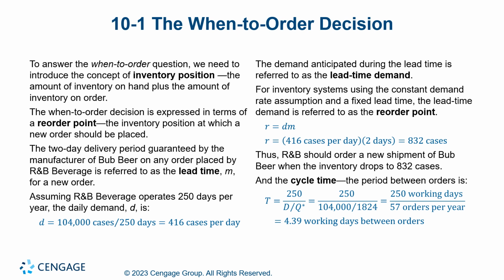The general expression for the cycle time T is given by this: the cycle time is 250, which is the working days in 1 year, divided by D divided by Q optimal, and then you have 4.39.